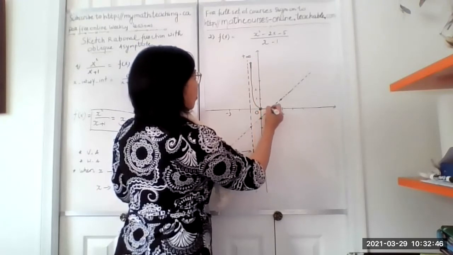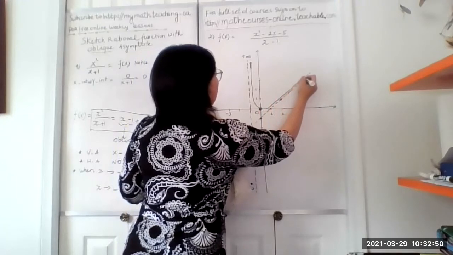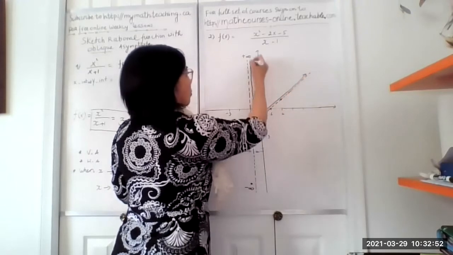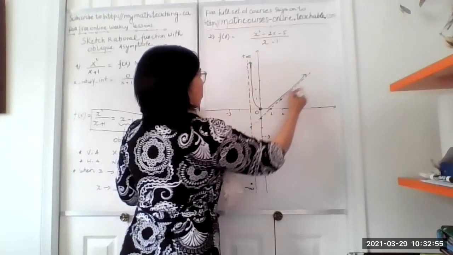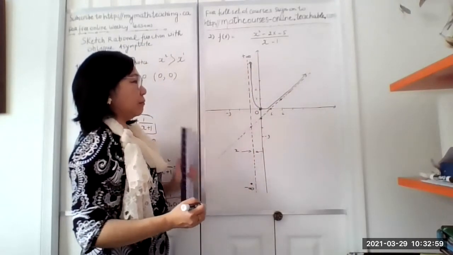And it's going to shape along with the vertical asymptote, but it never touches the vertical asymptote. So that is the first branch when we sketch this function based on these features, right?